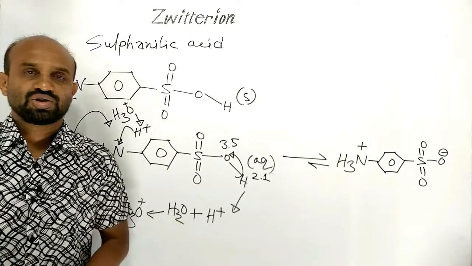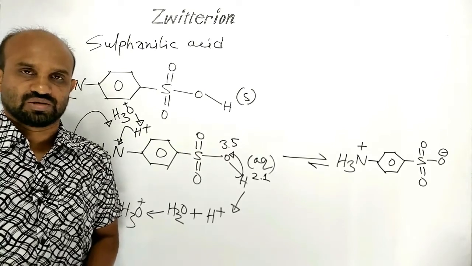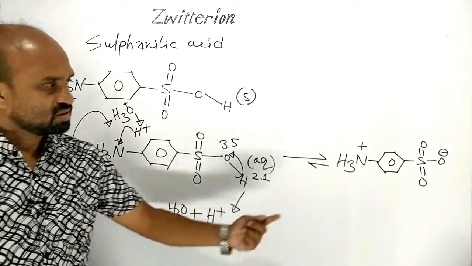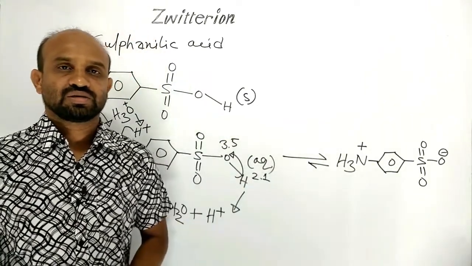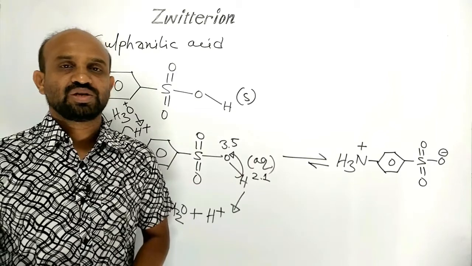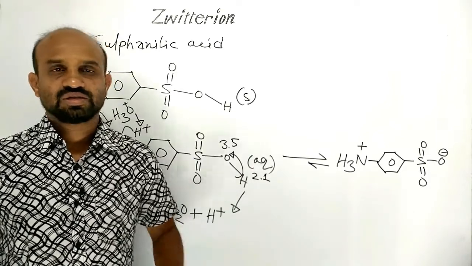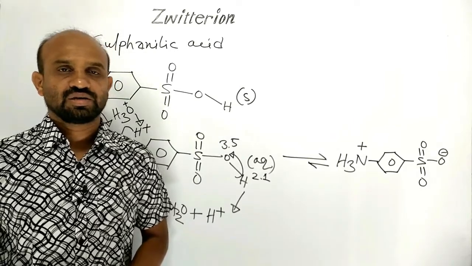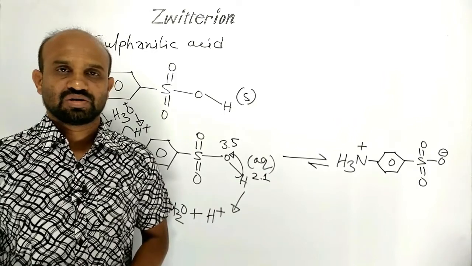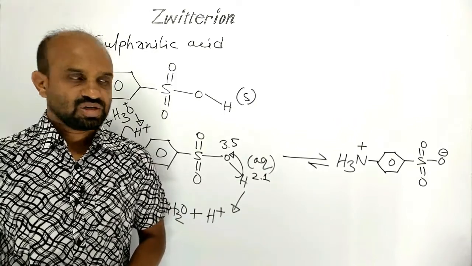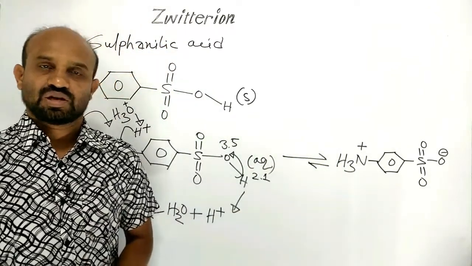There, the hydronium ion releases this proton to nitrogen, and ultimately this ion is formed that contains separate positively and negatively charged functional groups. This ion containing positively and negatively charged groups is called Zwitterion. So here this is the Zwitterion of sulfanilic acid.